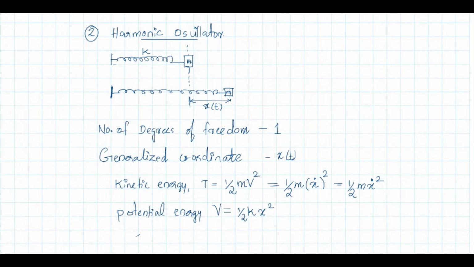Therefore, I can write a Lagrangian, which is the difference of kinetic energy and potential energy, and it is here half m x dot square minus half k x square. L is equal to T minus V. Now, what is the equation of motion?